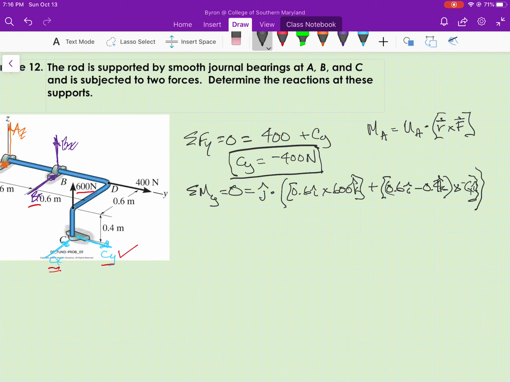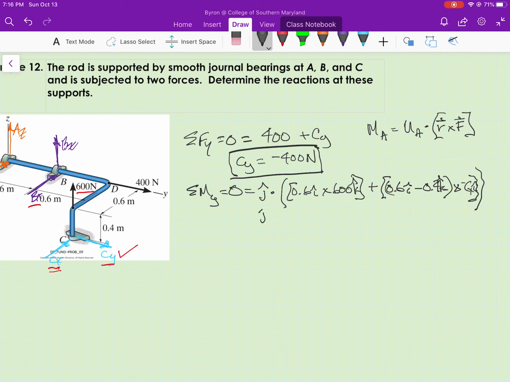Okay, now I could have used determinants for these, but I'm going to do it this way just to mix things up a little bit. This is perfectly valid, just as valid as using the determinants. So I'm going to reduce what's in here, work inside the parentheses and brackets outward.